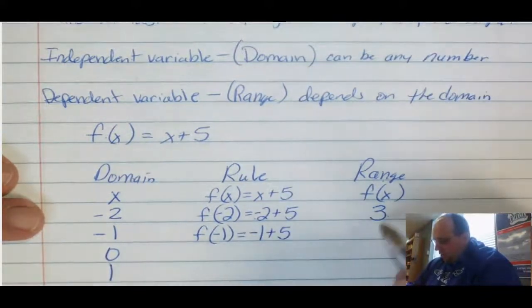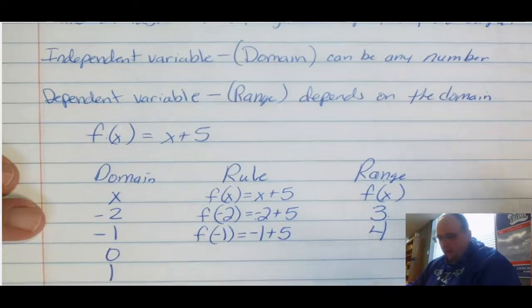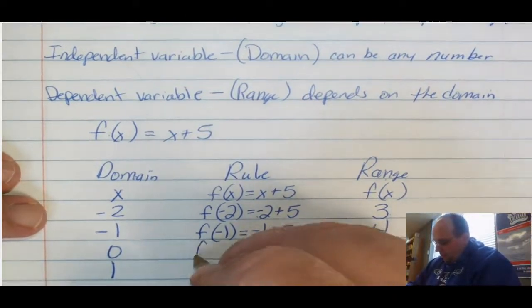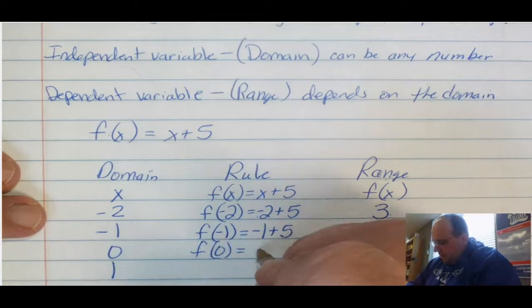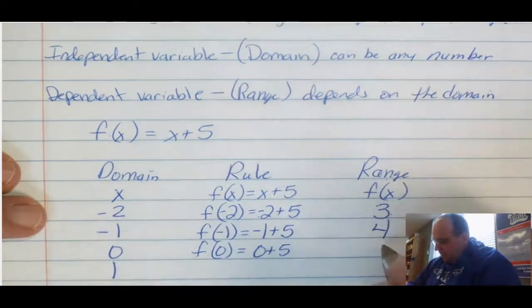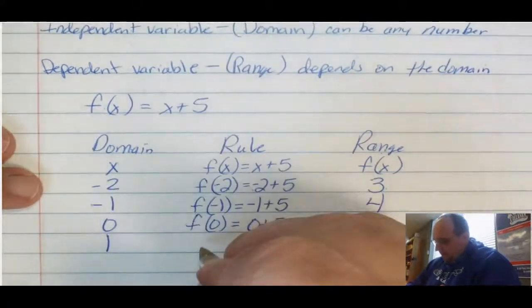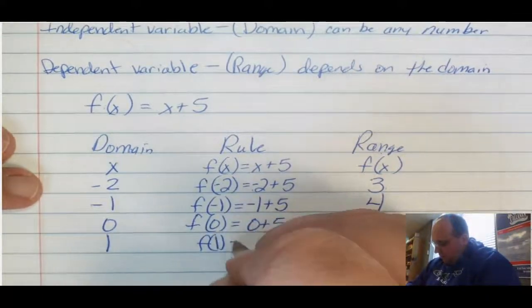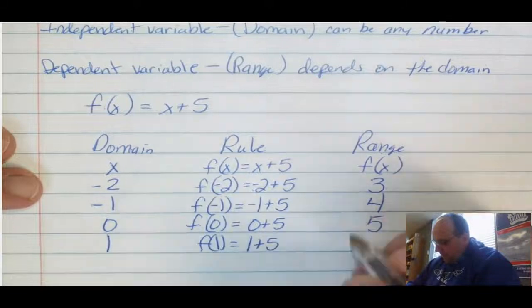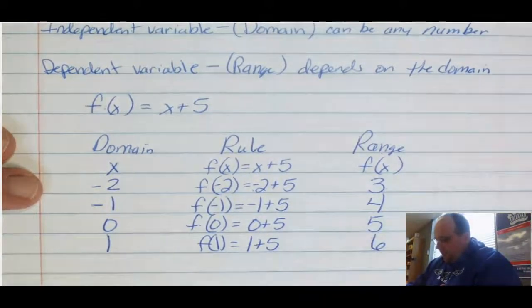And so therefore my range would be 4, or my output. When I put a function of 0 in, I would have 0 plus 5. 0 plus 5 would give me an output of 5. And then lastly, the function of 1 is 1 plus 5. So 1 plus 5 gives me an output of 6.